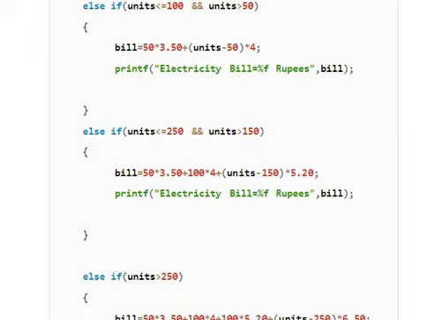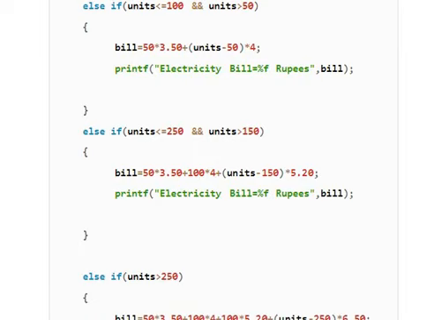Bill: up to 50 units it is 3.50, so 50 multiplied by 3.50 plus the excess of 50, that is units minus 50, multiplied by 4. This notation is very important for us. Up to 50 units it is 3.50, and the excess of 50 is 4 rupees per unit.